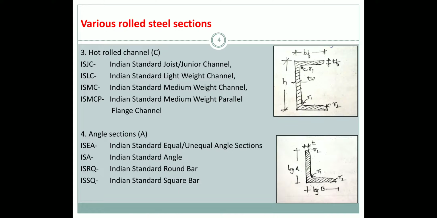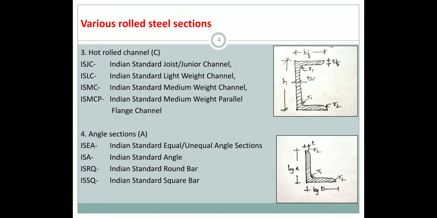Then the next type of hot rolled sections is the angle section. Where leg A and leg B are equal, it is called an equal angle section. If they vary in length, it is known as an unequal angle section.